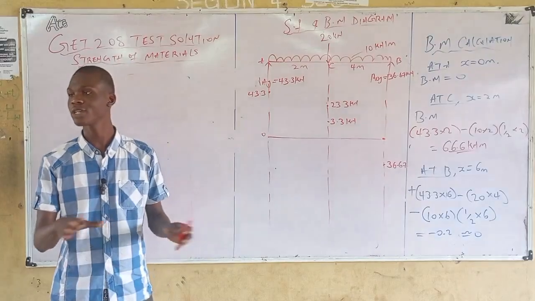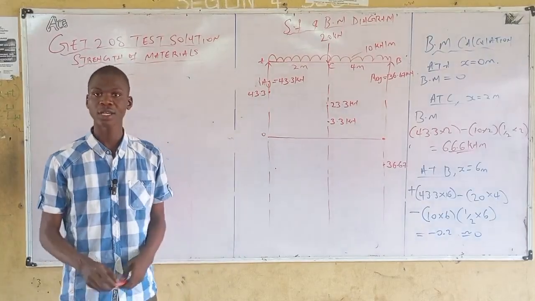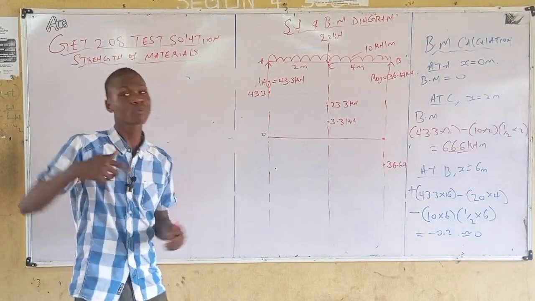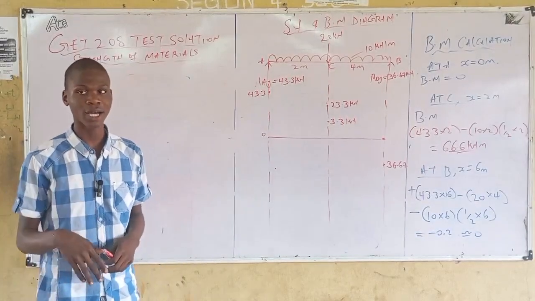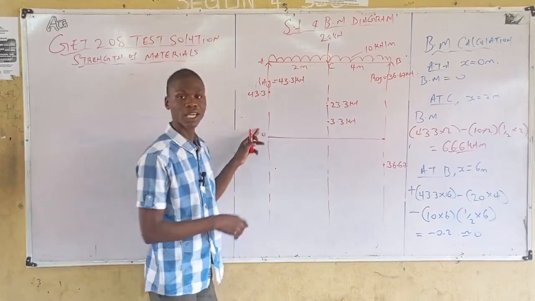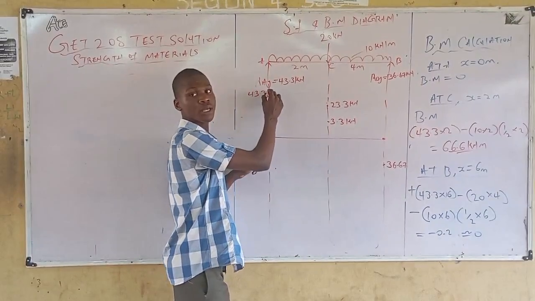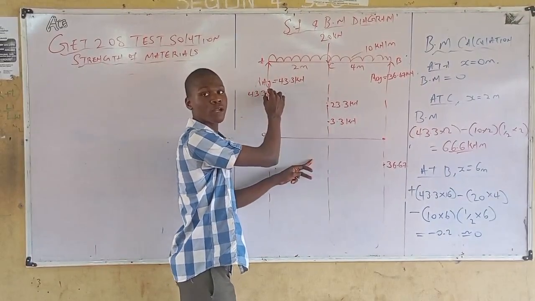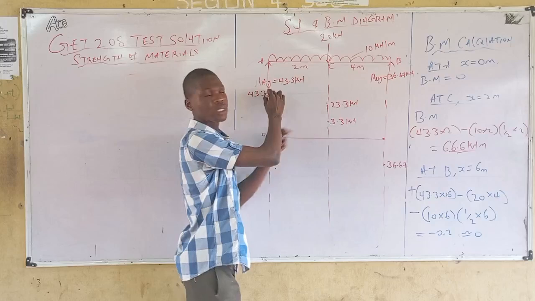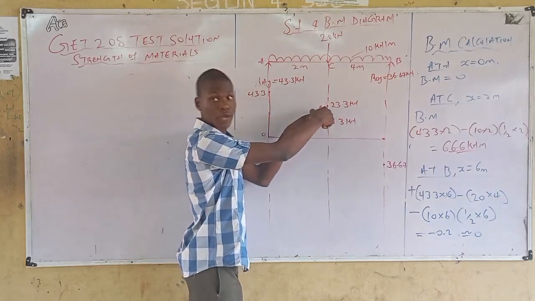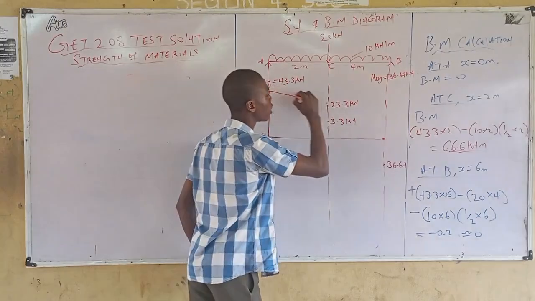Then what you should now do, with your pencil or your pen, join those points together respectively in that manner. Meaning at point A, from 0 to what? From 43.3. At point C, what is the first value? So this line will meet 23.3 kilonewton first. So you have something like this.